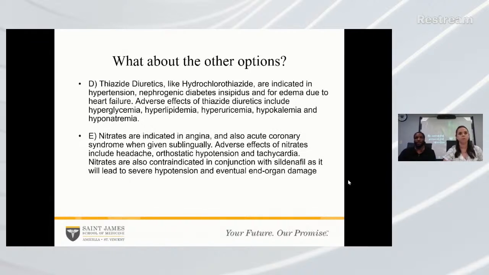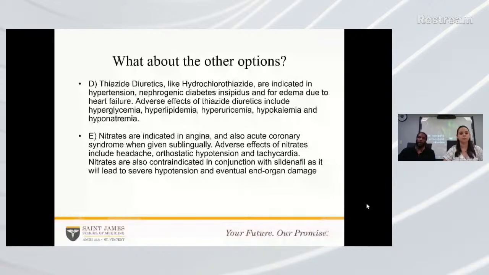The adverse effects of this are known as the hyper-GLUC: hyperglycemia, hyperlipidemia, hyperuricemia, and I believe the C is hypercalcemia, and low potassium and low sodium as well. So cough isn't even an adverse effect, so it can't be that one.